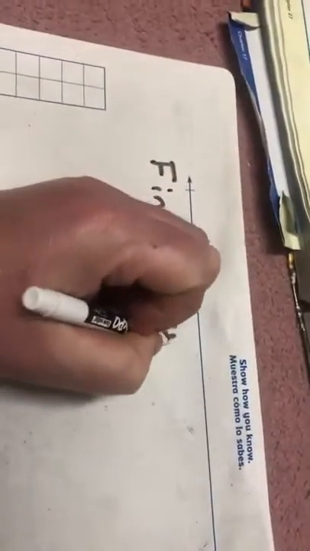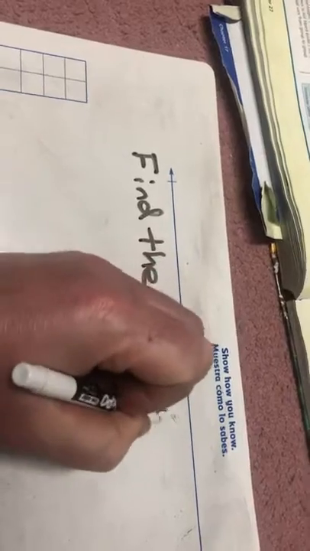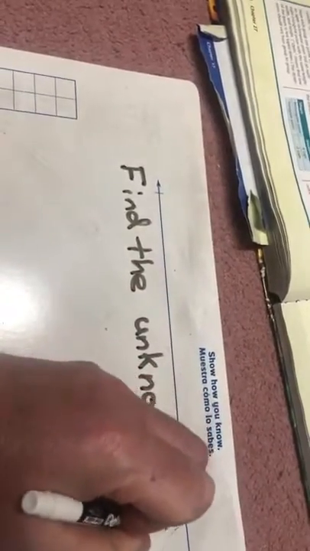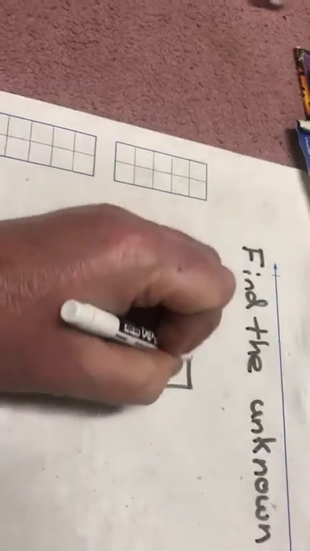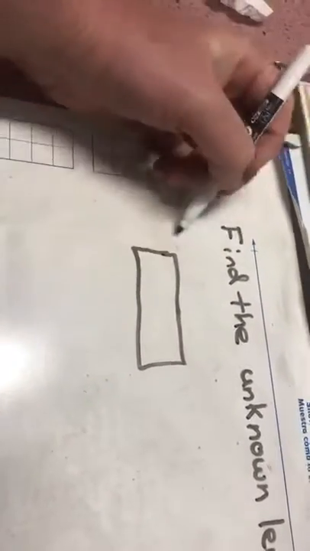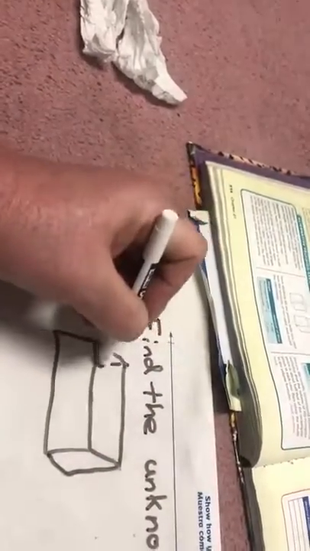So it's going to tell you to find the unknown length. Once again, it's going to give you a rectangular prism. So we're going to draw that here. Sorry for the shaky camera work, but you get the idea.